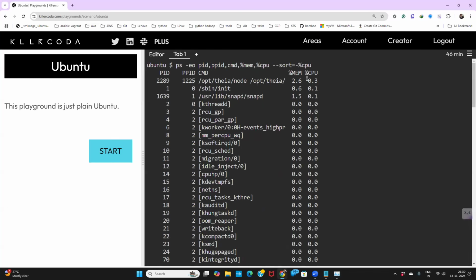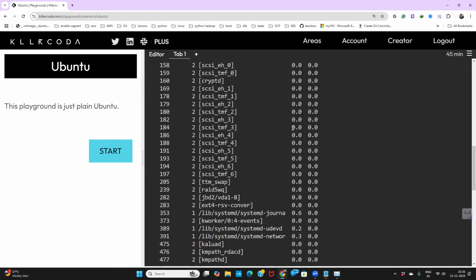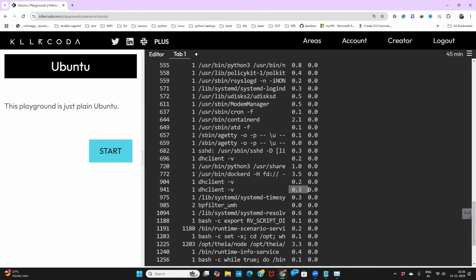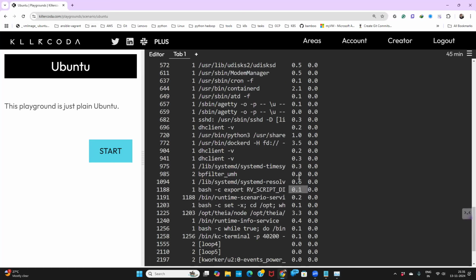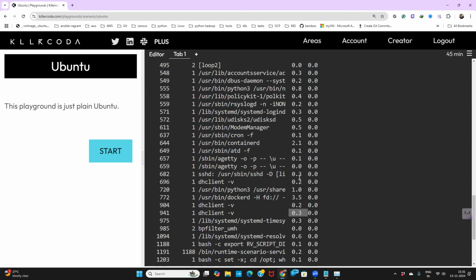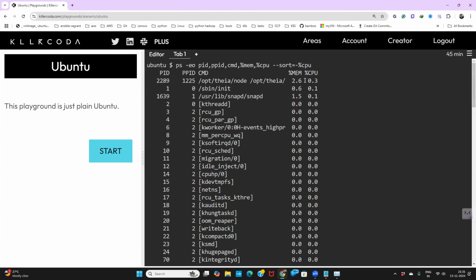So this is top CPU consumption details. Is this the top memory consumption? No, it is not the top memory consumption. Memory consumption is different, 0.3 something. This is not the top memory consumption. We filtered with CPU consumption details, that's why we got this.